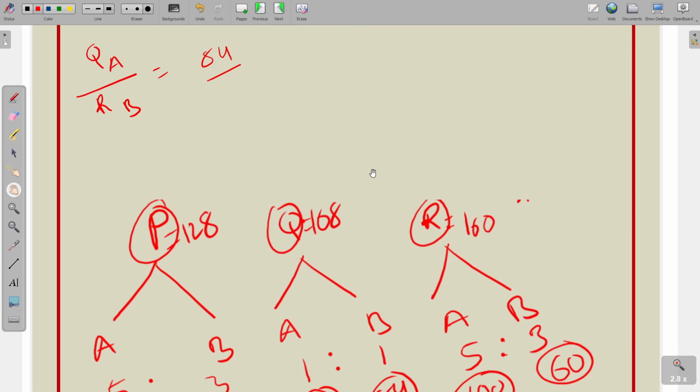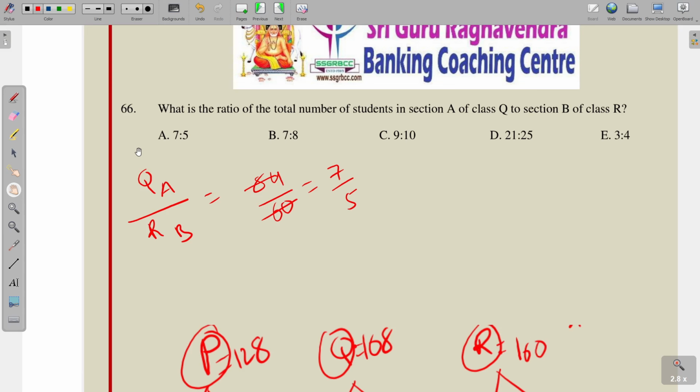So, this ratio is 12 sevens, 12 fives. 12 sevens and 12 fives means this is the answer for this question.